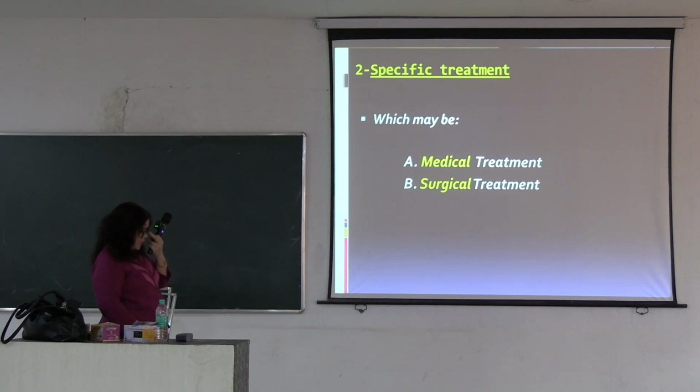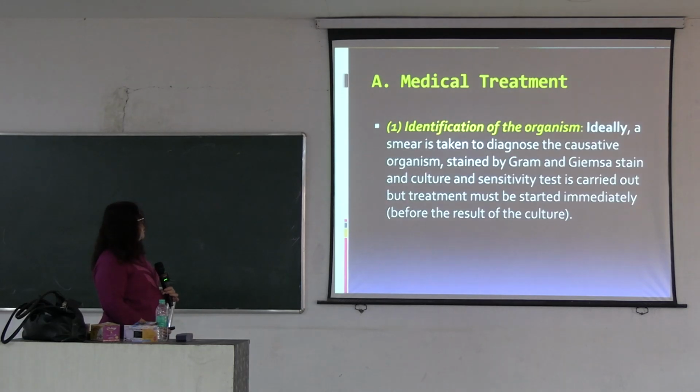Then specific treatment. It is also divided into two groups, medical treatment and surgical treatment. In medical treatment, we send the smear for culture and sensitivity to find out the causative organism, and also stain the ulcer to assess its extent, and treatment is started immediately.